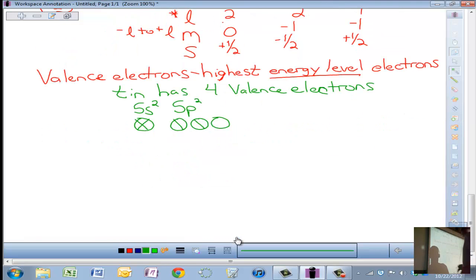And the final thing that we're going to look at is electron dot diagrams.